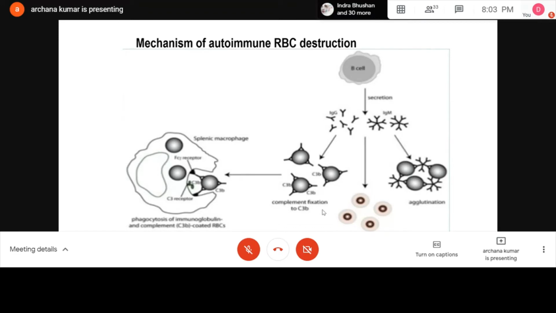And they could also be fixed to complement, but again, they could be going to the C3 receptors and be engulfed by the splenic macrophages. The IgM class of antibodies are agglutinating antibodies, so the RBCs tend to get agglutinated to each other. When we look at the peripheral blood smear, we will find a lot of agglutinated RBCs. Then we have the complement fixation to the membrane, and this typically causes intravascular RBC lysis and causes hemoglobinuria.